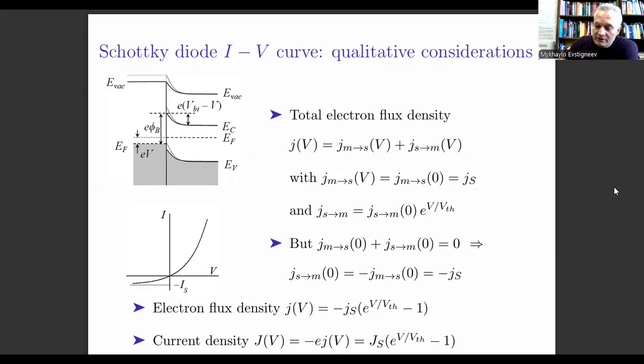Now, the semiconductor to metal flux depends on the applied voltage, because the barrier height decreases as you apply positive voltage to the metal. And this means that the number of electrons which are able to overcome the barrier height will become bigger, but by how many times does it get bigger?